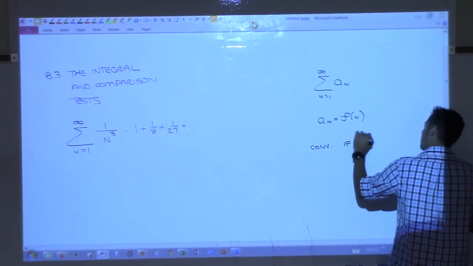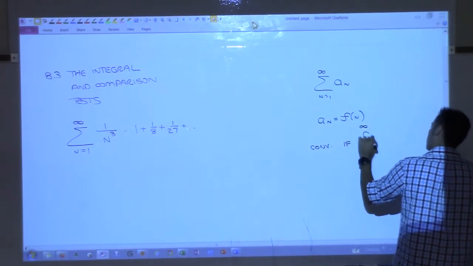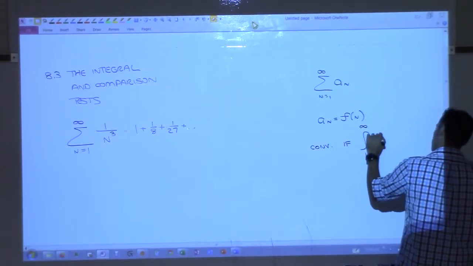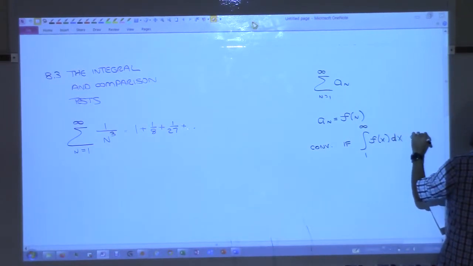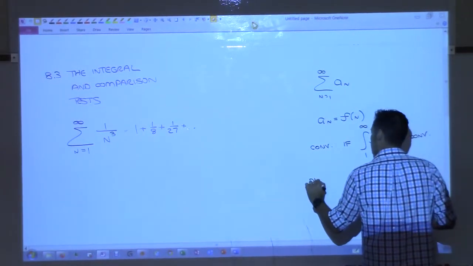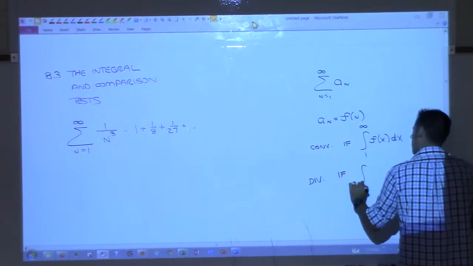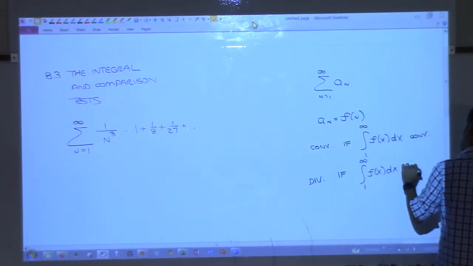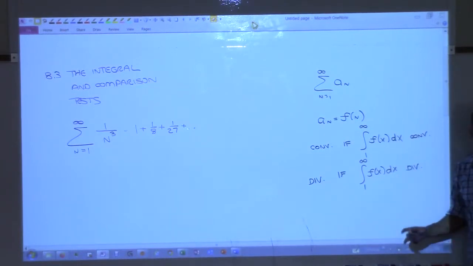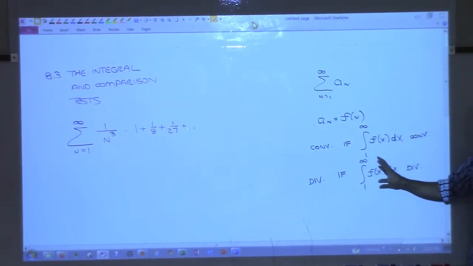Converges if the integral from 1 to infinity of our function of x dx converges, and diverges if the integral from 1 to infinity diverges. Now, I'm leaving out something very important right now, but let's just understand this.